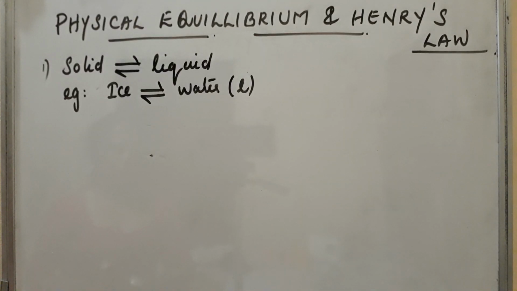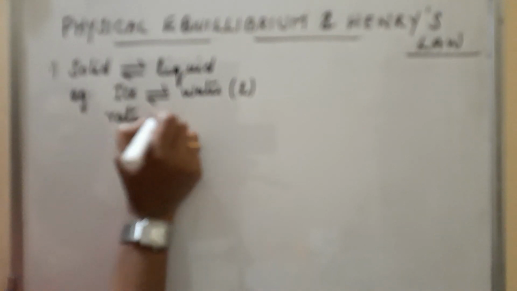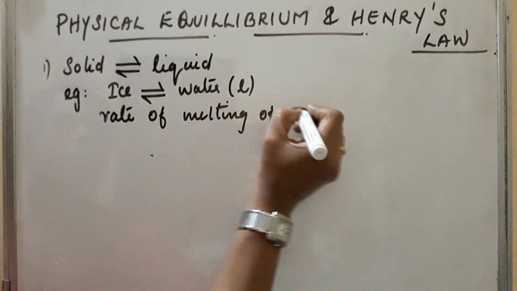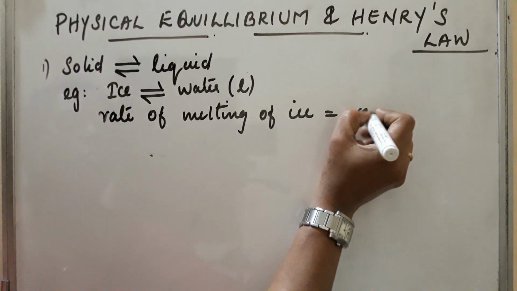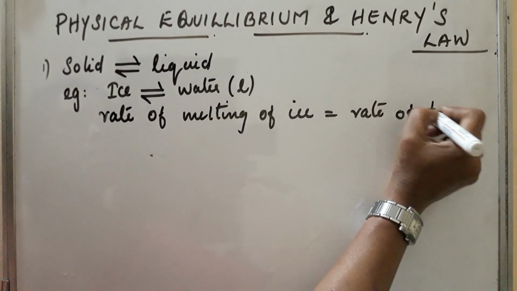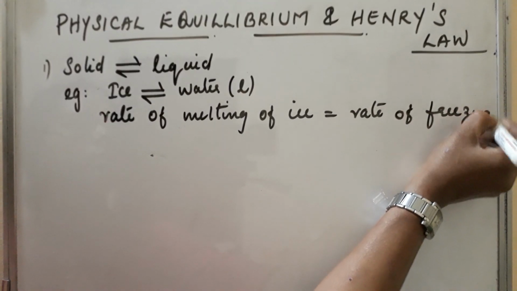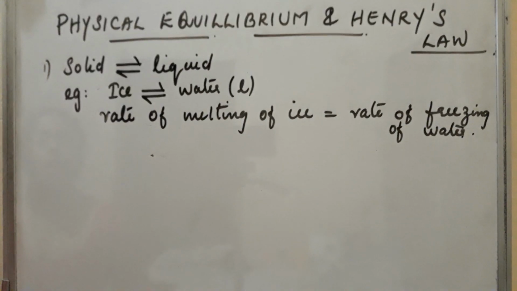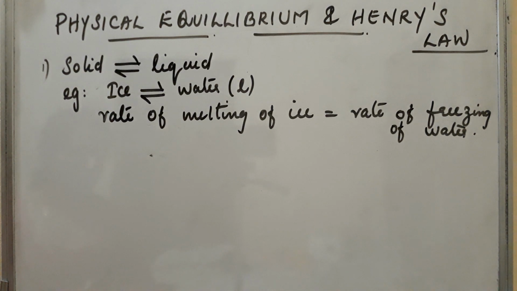After some time, the rate of melting of ice will be equal to the rate of freezing of water, which means the equilibrium is attained. These types of equilibria are known as solid-liquid equilibrium.